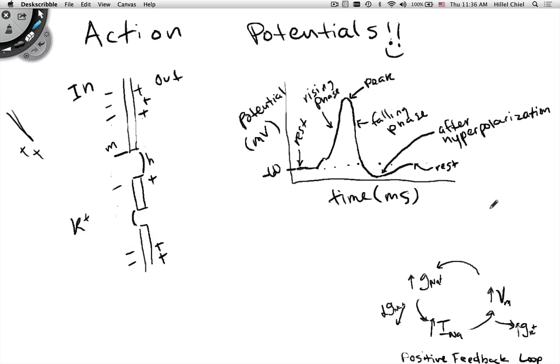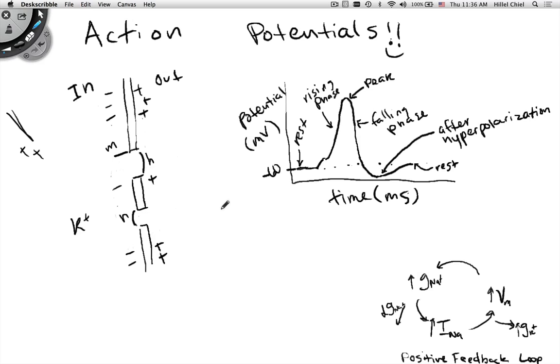And now during the time that you have the after hyperpolarization, what does that mean in terms of how easy it is to fire the action potential? It's probably really hard because our H gates are mostly still closed. And then our N gates are open at this point. That's right.